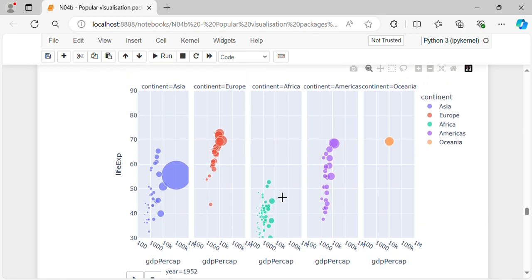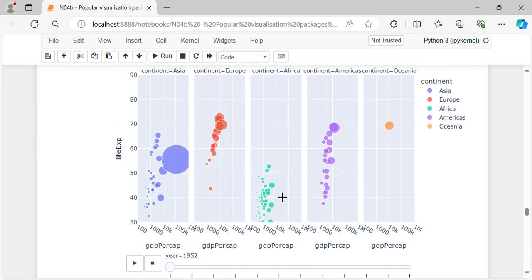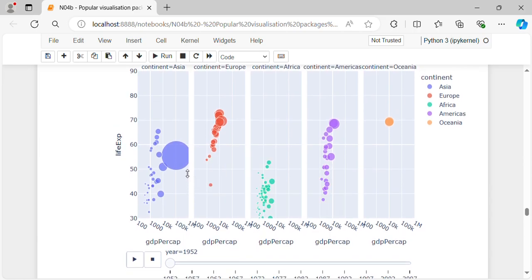In year 1952, the life expectancy is about 65.